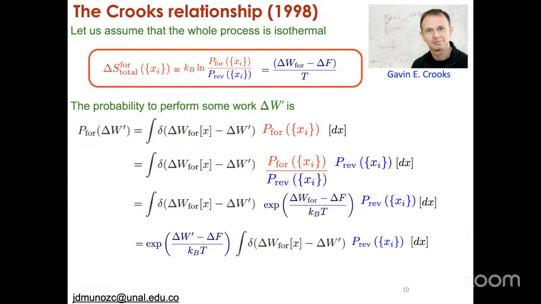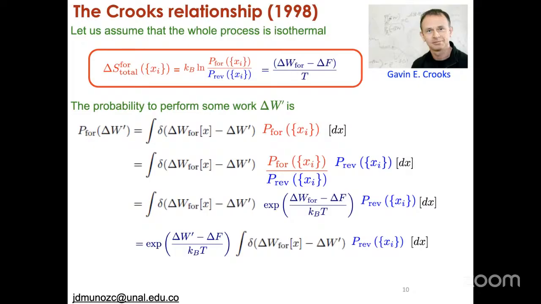So let's compute the probability to perform some work. Everything is at constant temperature. It can be out of equilibrium, but the thermal bath is at constant temperature. So let us compute the probability to perform some amount of work on the forward protocol.